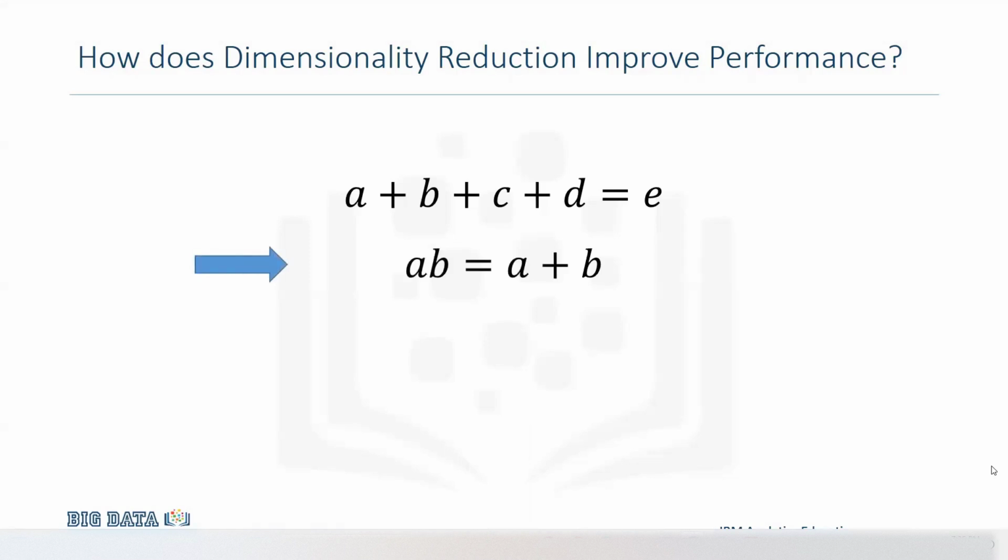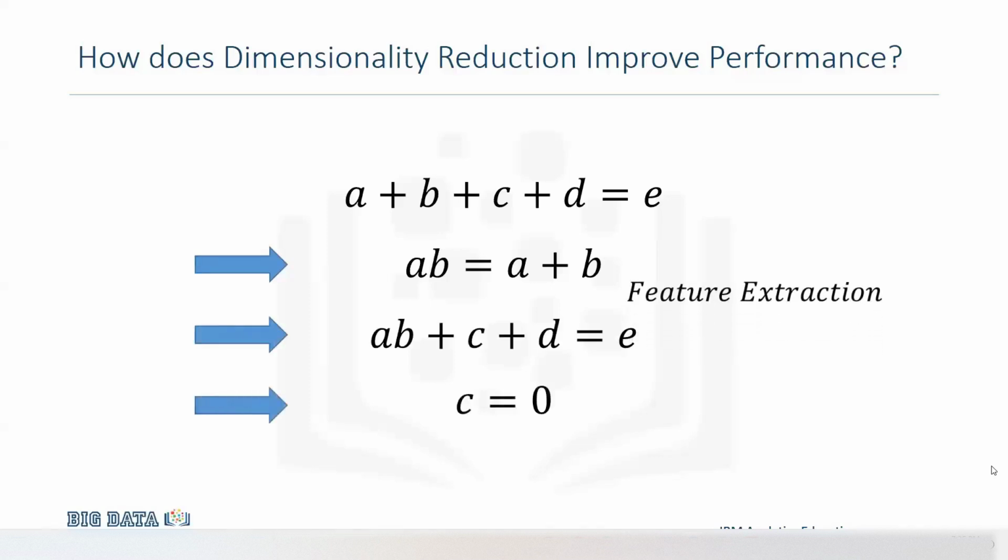To see how this works, think of a simple algebraic equation. A plus B plus C plus D equals E. If you can equate AB equals A plus B, making a representation of two variables into one, then you're using feature extraction to reduce the number of variables.